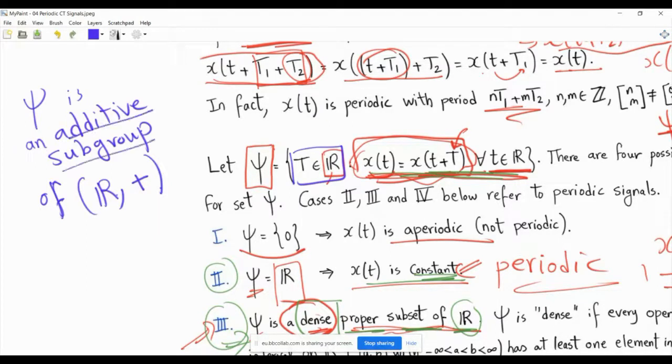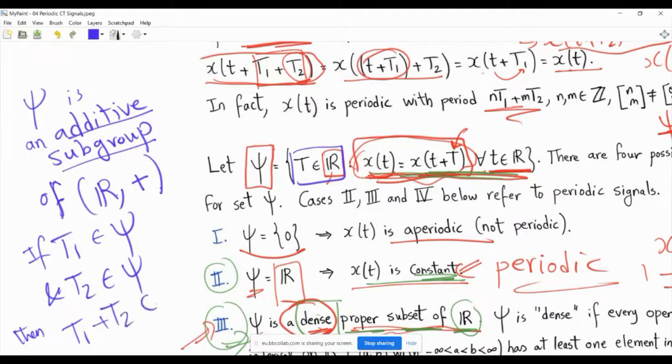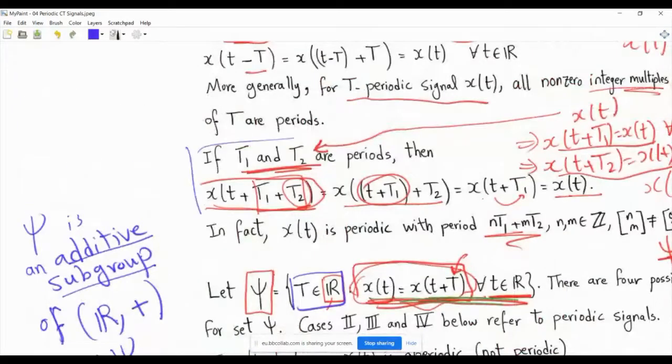It's an additive subgroup. Why is this? Because if T1 belongs to psi and T2 belongs to psi, it must be the case that T1 plus T2 belongs to psi. That's the idea that I discussed here.